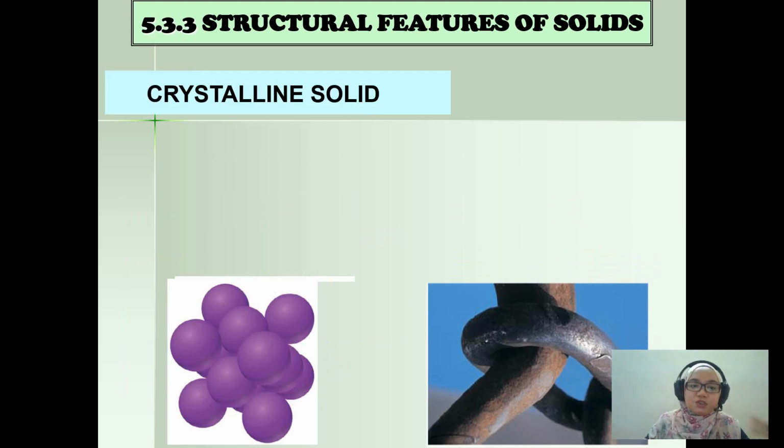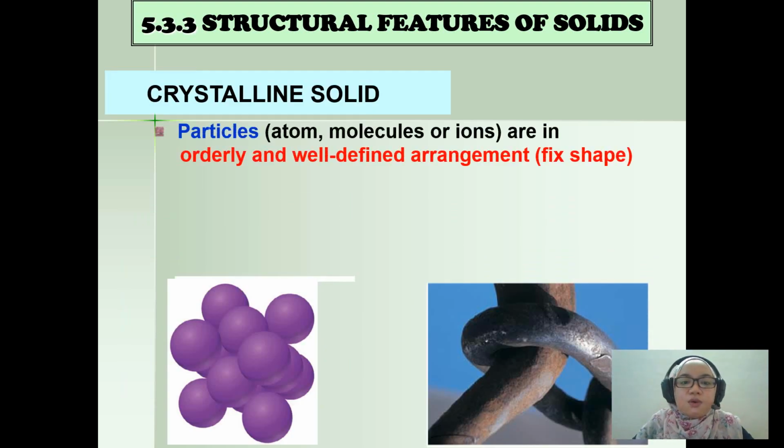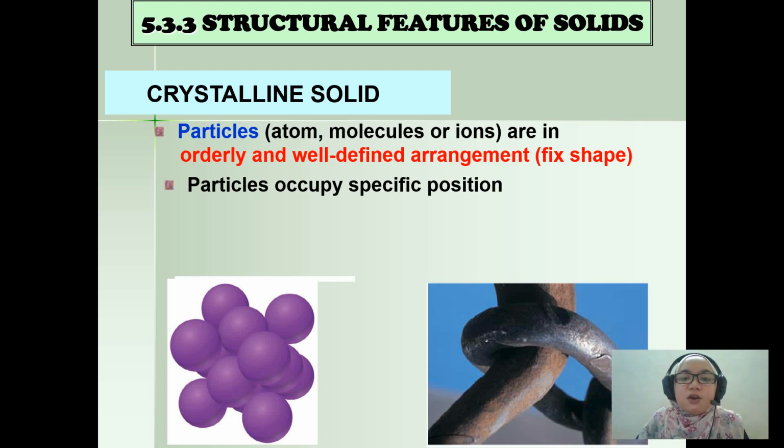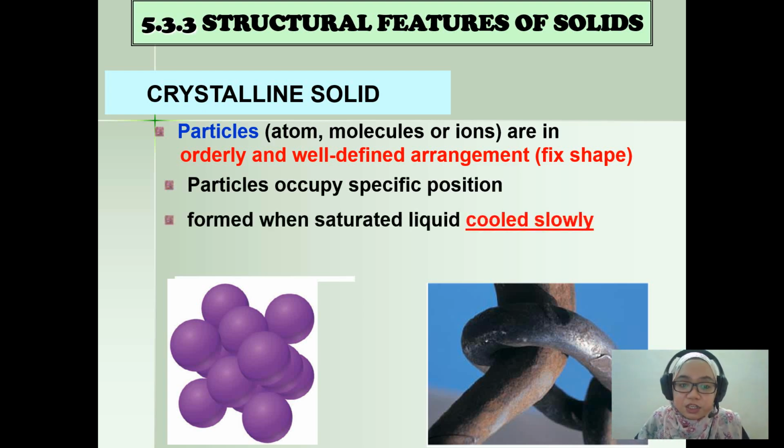Okay, so what is crystalline solid? So crystalline solid has particles that are in an orderly and well-defined arrangement. Dia particles or atoms, molecules or ion yang berada pada kedudukan yang fixed. Okay, they have fixed shape. And the particles occupy a specific position.